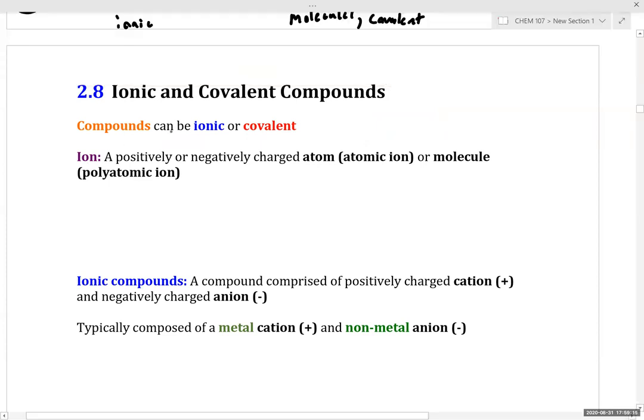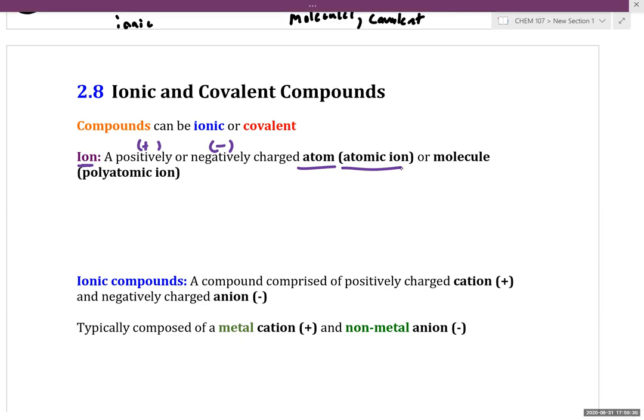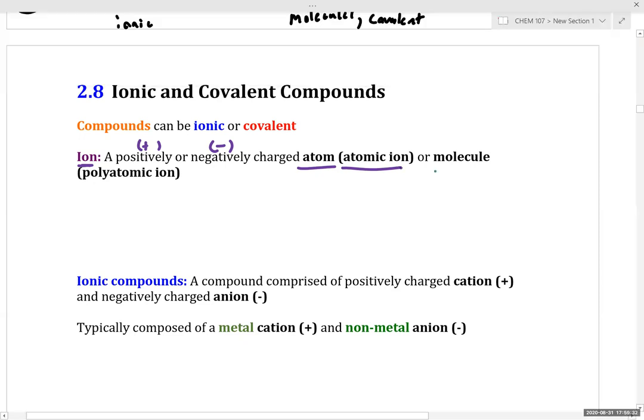Now, to talk about ionic compounds, we first need to define the word ion. An ion is a positively or negatively charged atom, which is known as an atomic ion, or a charged molecule, which is known as a polyatomic ion.